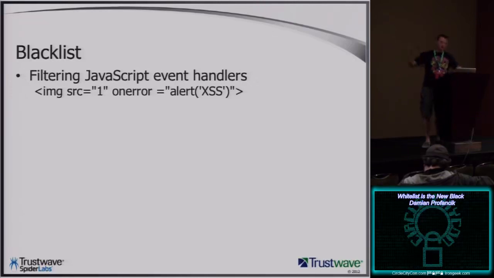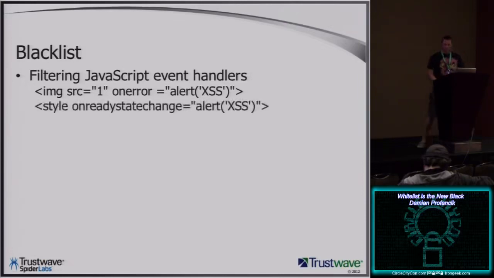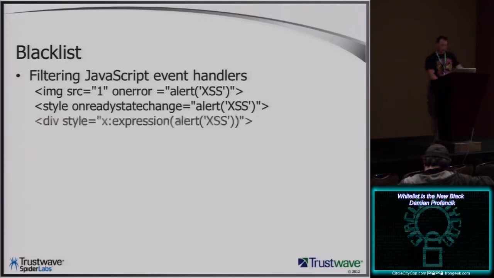If I have that space in between those, it may skate right by it. The other thing to look for is, okay, they may be blocking a lot of the common event handlers. Look for weird event handlers then, or new HTML5 event handlers, like onreadystatechange. They may not be looking for that.